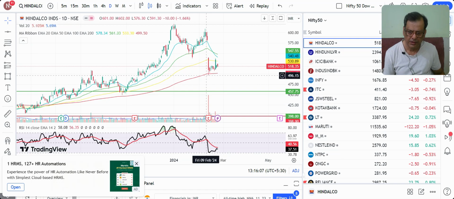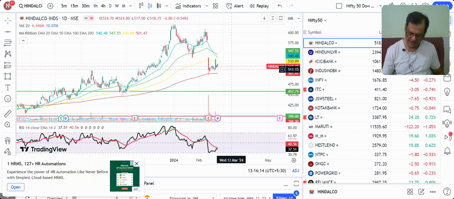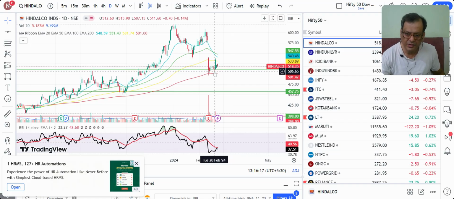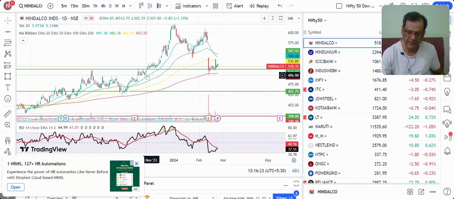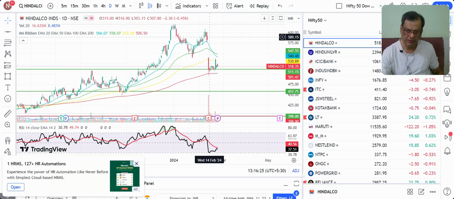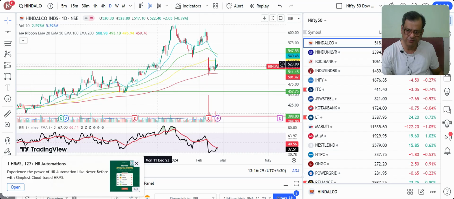Now, if you see here, so many candles, and I will draw a support line here. Why did I draw it here? I drew it here because the support is also acting as resistance here. Can you see? It is support for the prices above it, but also resistance for the prices below it.